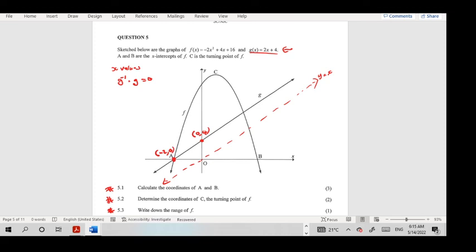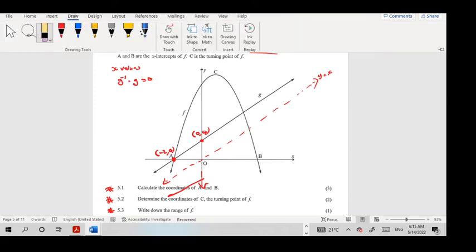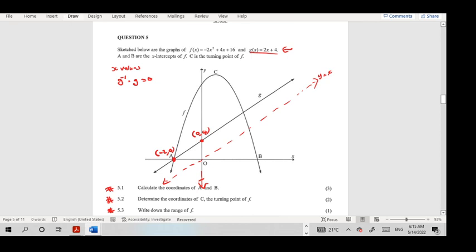So if you write the inverse, let me extend this, it's going to move like this. It passes through this point here, because here it's 4, so it's going to swap. Instead of being 4 on the y-axis, it's going to be 4 on the x-axis.